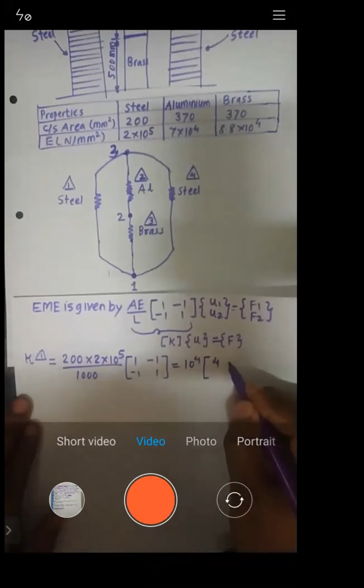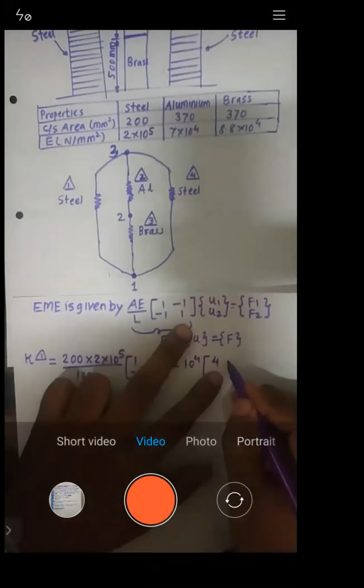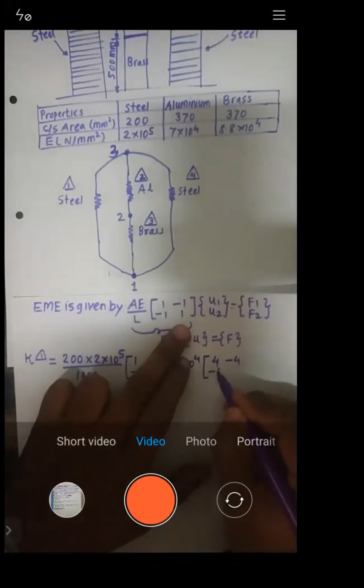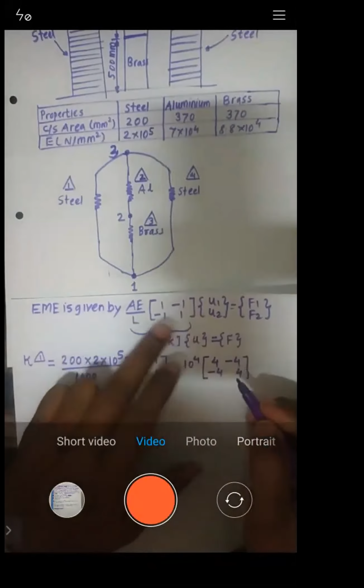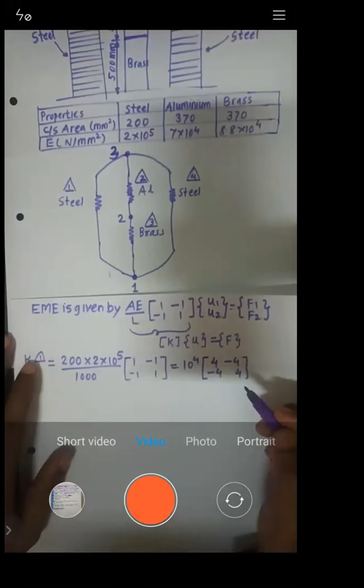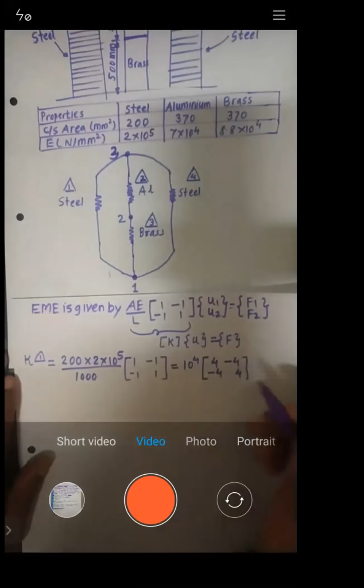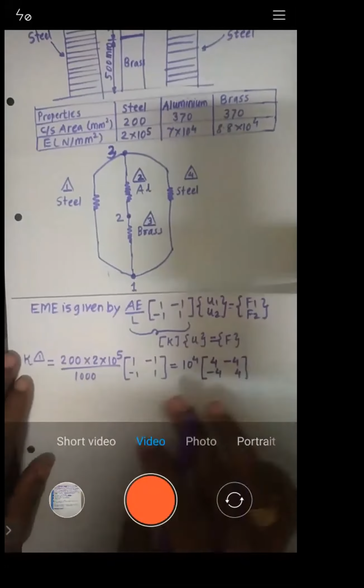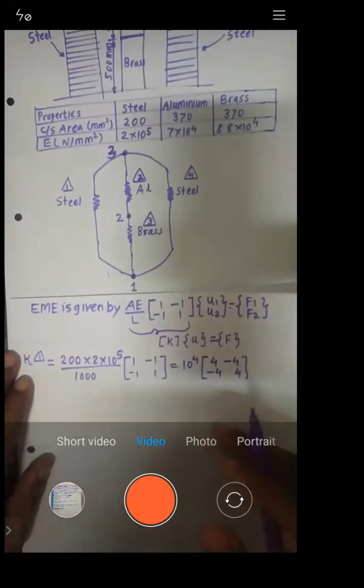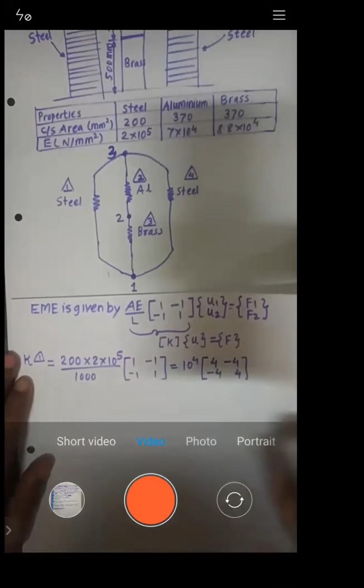It is 40,000. Instead of dealing with that much quantity, let's take the 4 common.